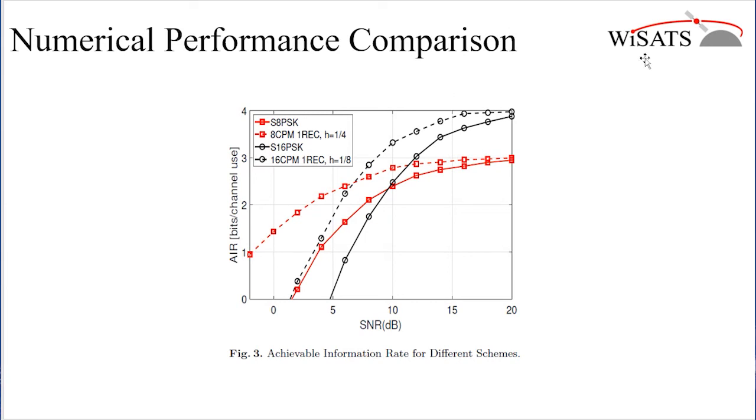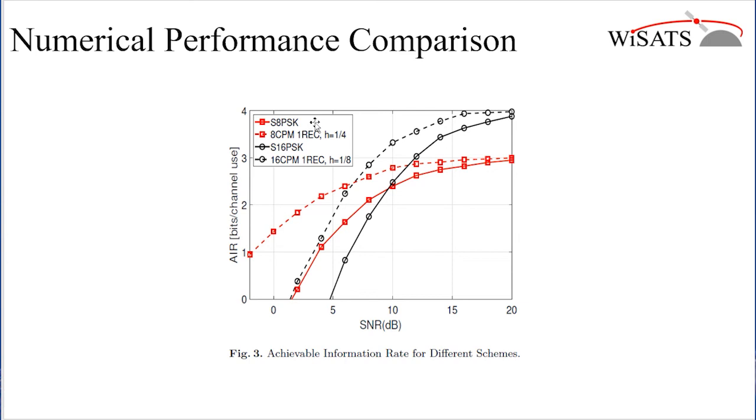Figure 3 shows the achievable information rate for different schemes. First of all, it is natural that higher order modulation with higher transmission rate could achieve higher achievable information rate for high SNRs. We can see that the 16 modulation always performs better than the 8 phase shift key.